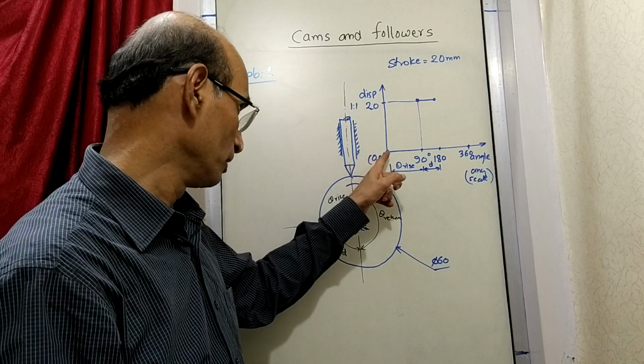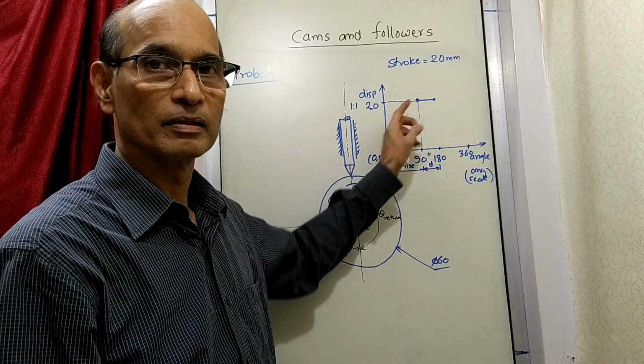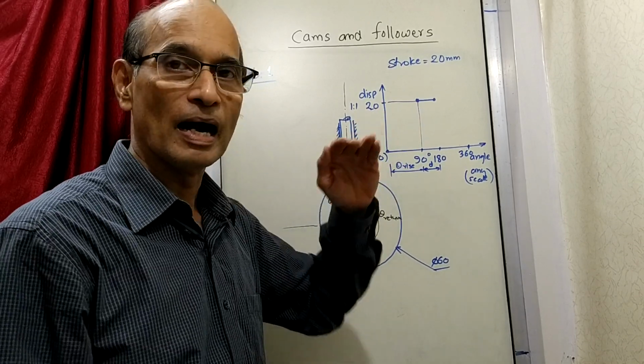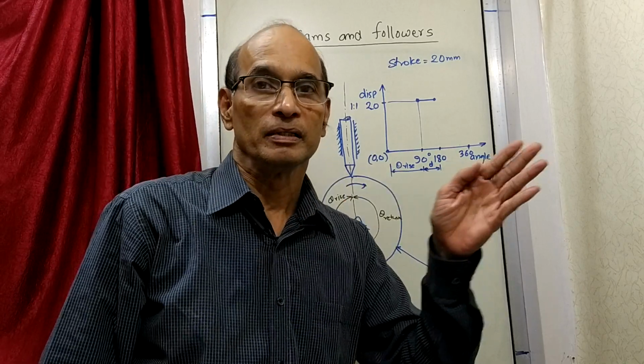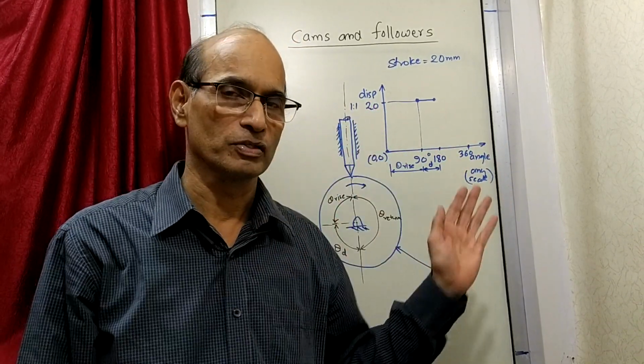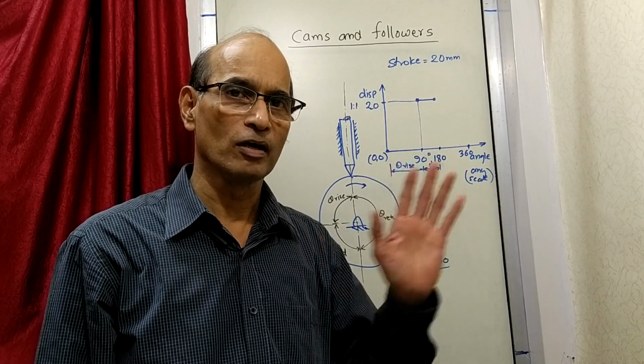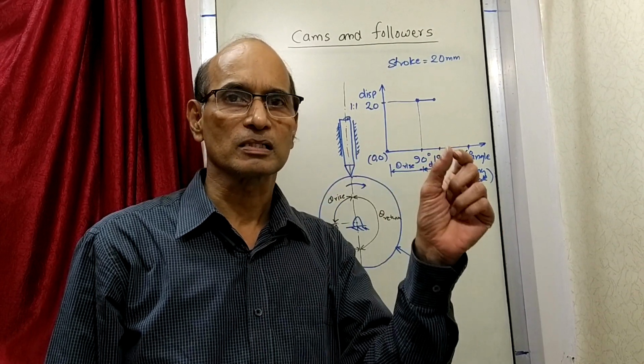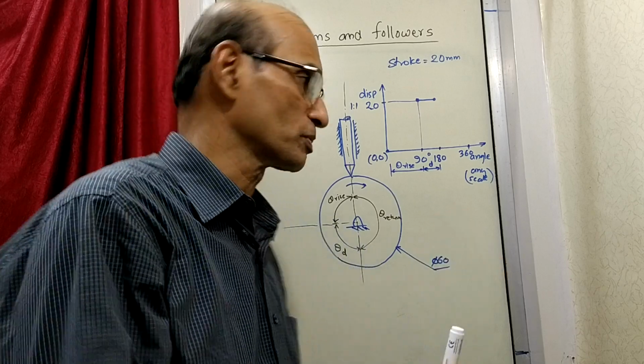So now when it moves from here to here, the displacement is 20 millimeters, and this displacement is to be occurring at a constant velocity. So what is the meaning of constant velocity? Distance upon time is constant, that is constant velocity.